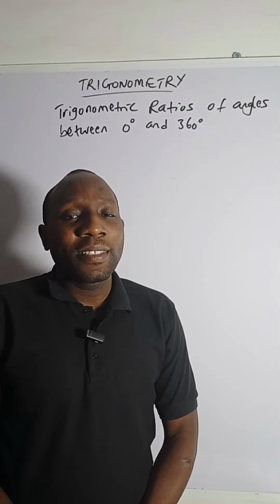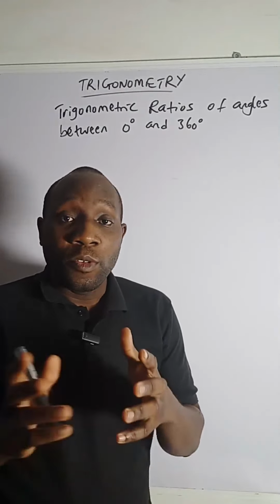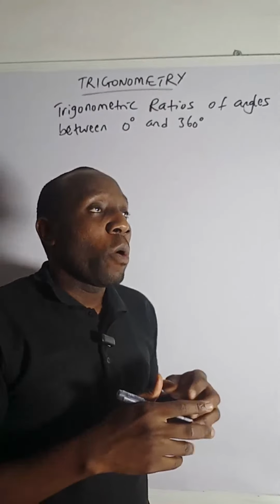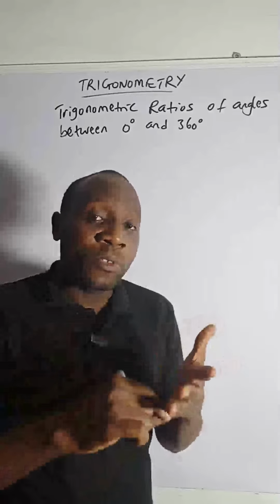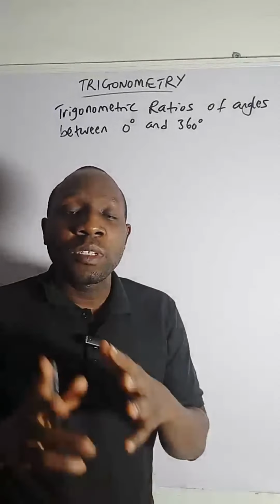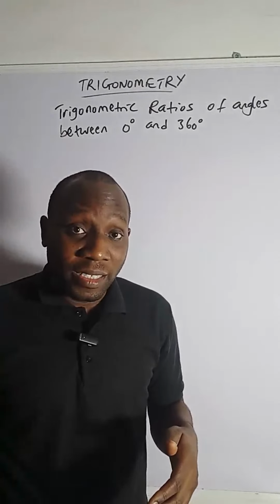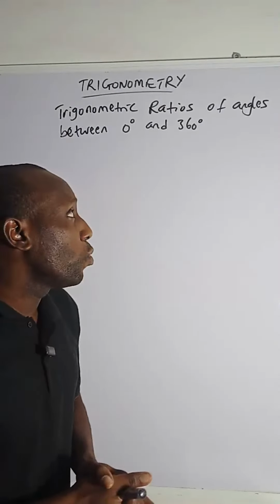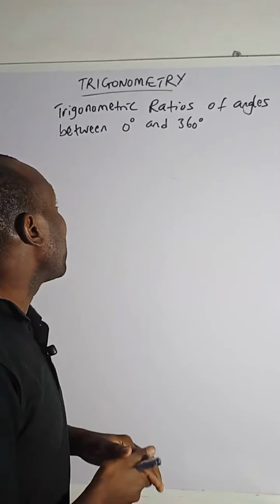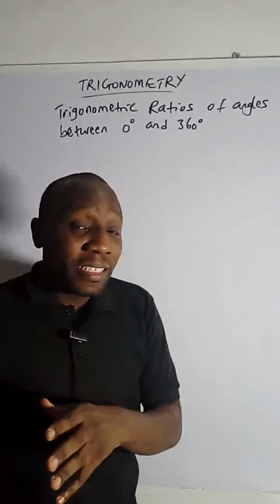In the last lesson, we talked about the trigonometric ratios, where we talked about special angles, trigonometric ratios. We also looked at the sine, cos, tan of those special angles, like 30 degrees, 45 degrees, and 60 degrees. If you can see the board, what we have here is trigonometric ratios of angles between 0 and 360 degrees.